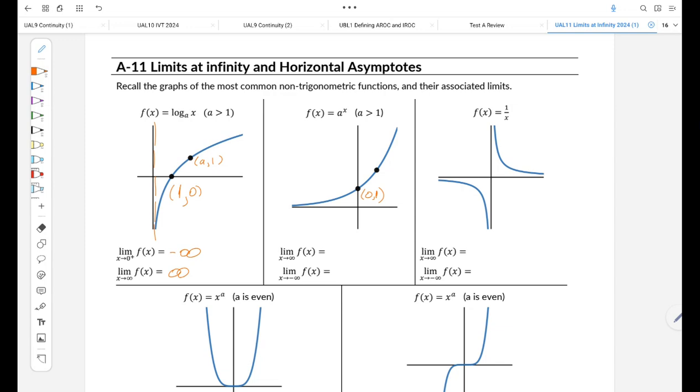What happens when I raise a to the 0th power? I get 1. And then this is going to be a flip of this point, 1 comma a. What happens when I raise my base to the 1st power? I don't change it. A to the 1st is a. 1 comma a.